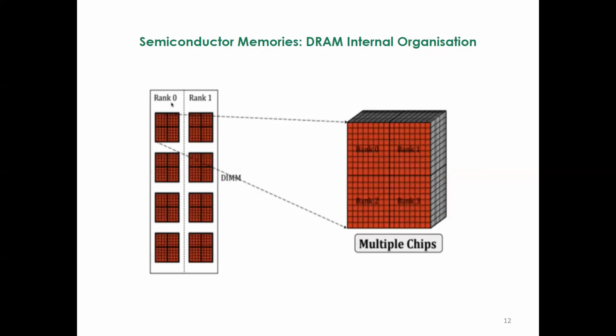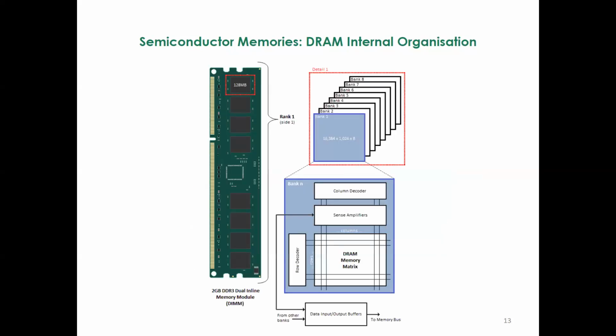You can see rank 0 here, having multiple banks, and of course we said each bank will have multiple rows and columns, basically, to guarantee the capacity you want to provide for your RAM.